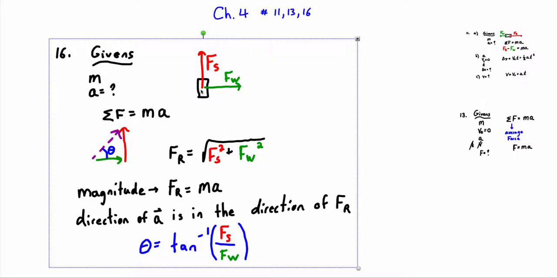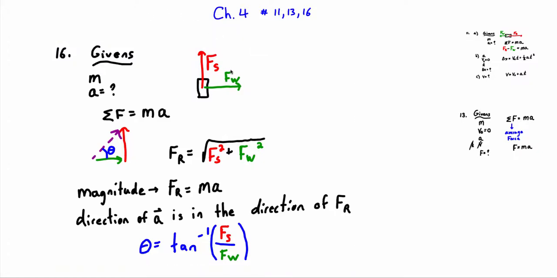So we have a sailboat, and it's got the force of the sails going north, but the water force is going east. So I got force of the water is east, and the force of the sail is north. So they also give me the mass and they ask for the acceleration.